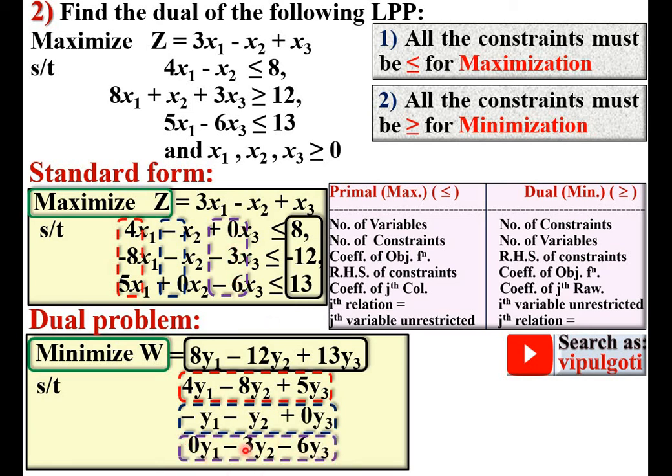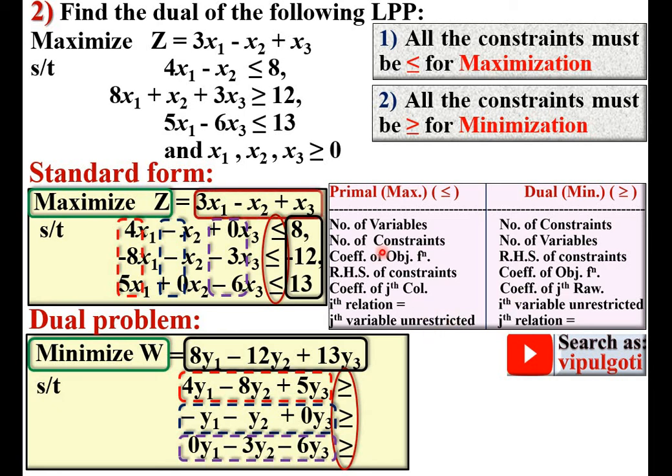You can see. Now next. In the primal problem, constraints are less than or equal to type, then in the dual problem it must be greater than or equal to type. So I am going to write over here greater than or equal to.